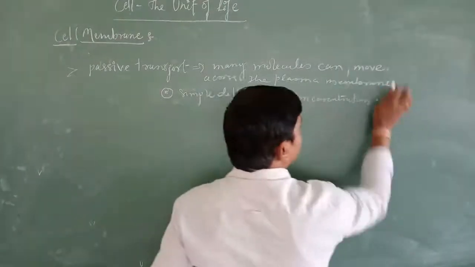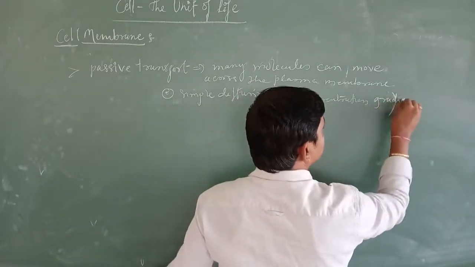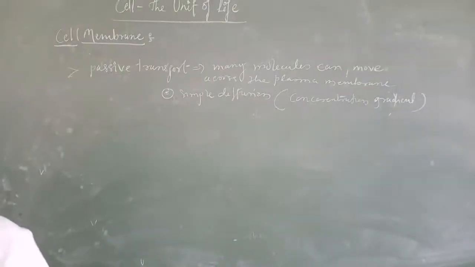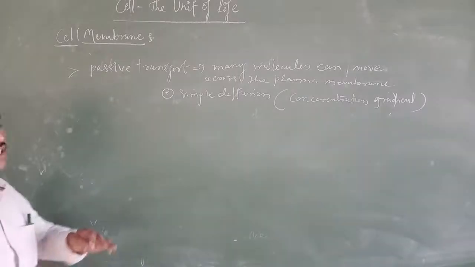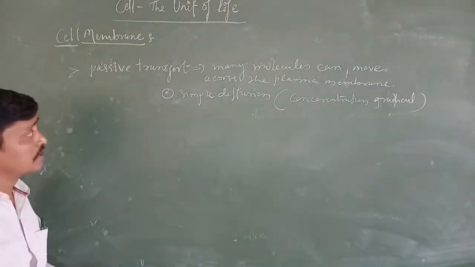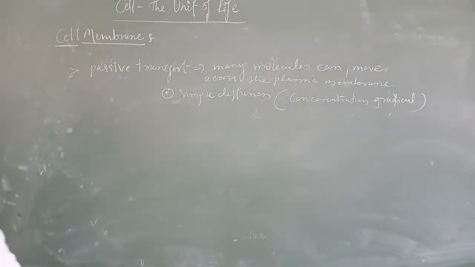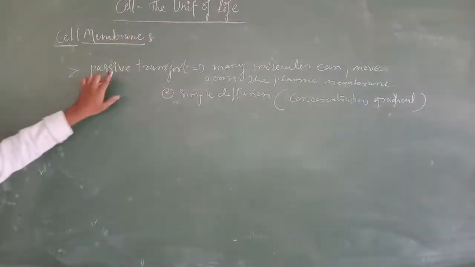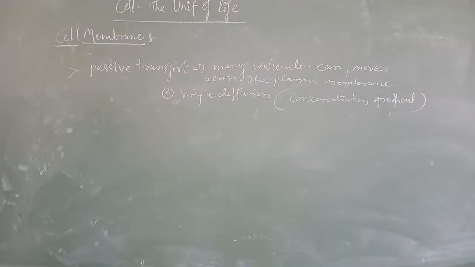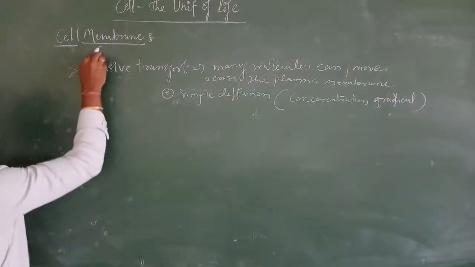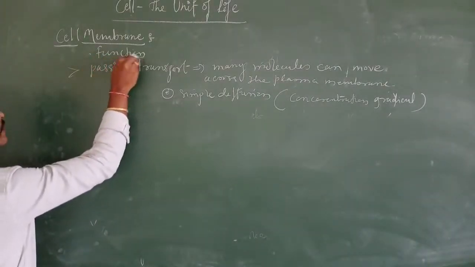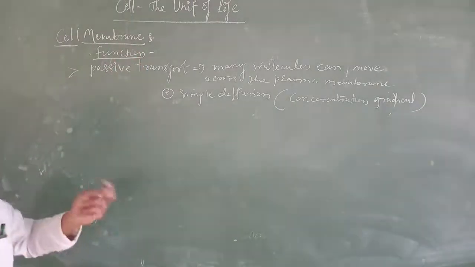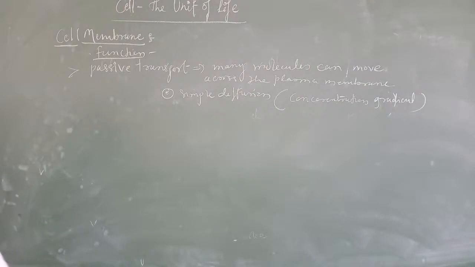Concentration gradient, in the sense from lower concentration to higher concentration. Okay, simple diffusion. Another one is facilitated diffusion. Okay, this is about the passive transport. In the sense, the plasma membrane allows many molecules to pass across the plasma membrane with the help of passive transport.